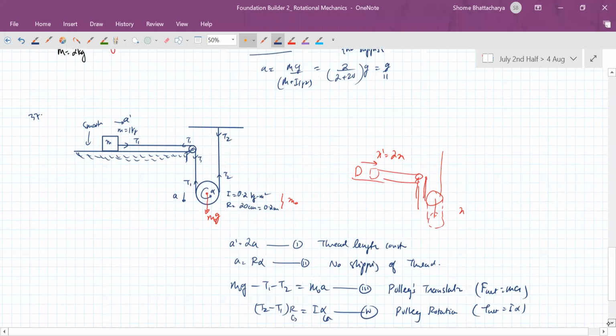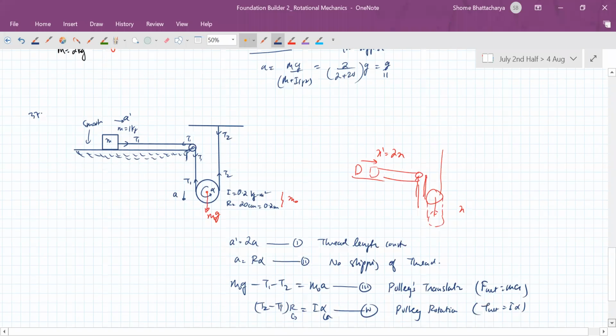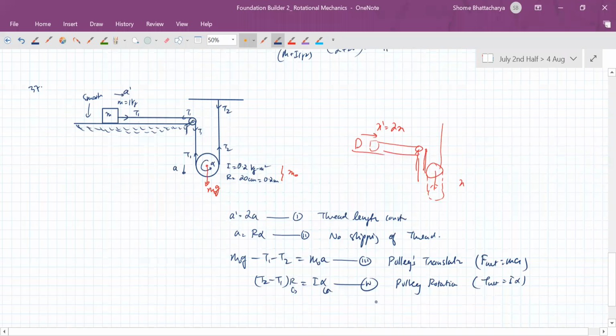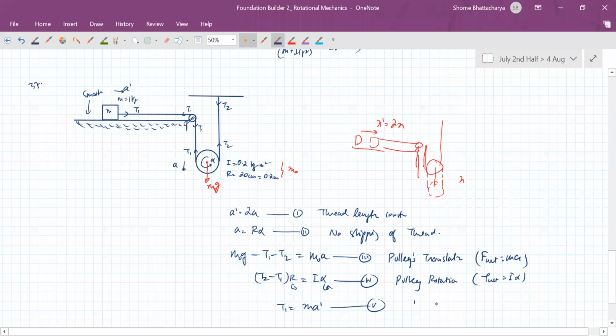And finally, for the block, we have the equation that T1 is equal to small m into a prime. So we have a prime, a, alpha, T1 and T2, 5 variables, and we have 5 equations. Now it's a matter of systematically substituting this, and also we need to find this mass.